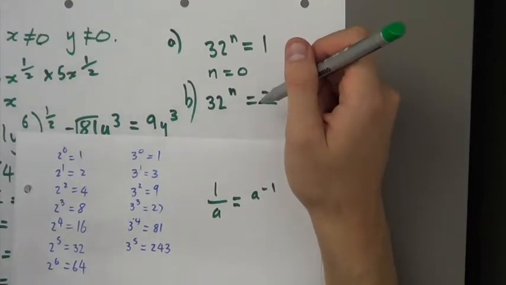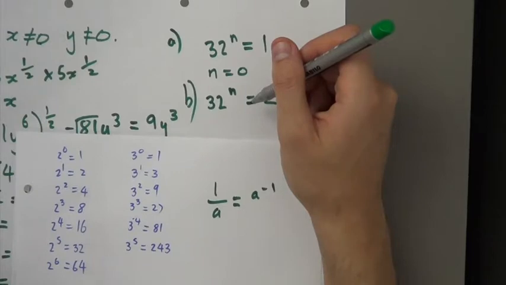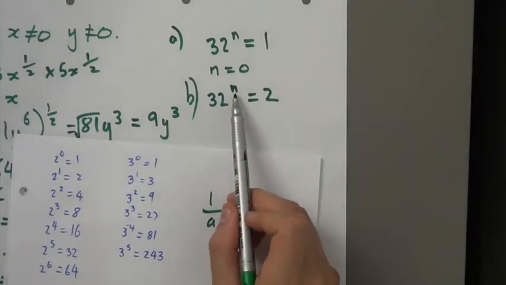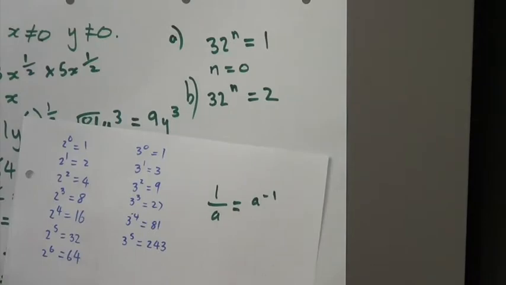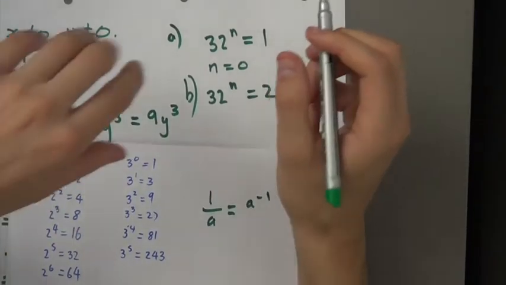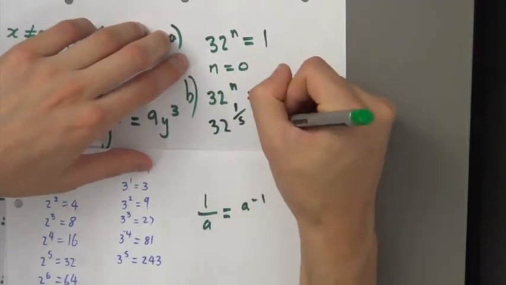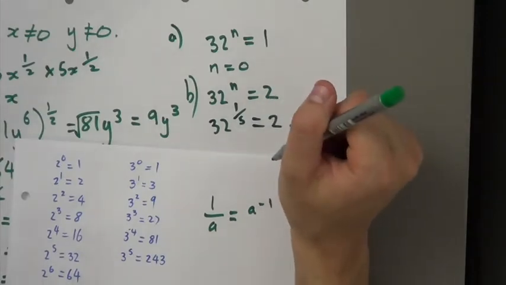So in this particular case, you know that 5 is going to be important, okay? But if you put 5 into 32, it would be a huge number, so you can't do that. So let's try 32 to the power of 1/5, and that's the final answer.